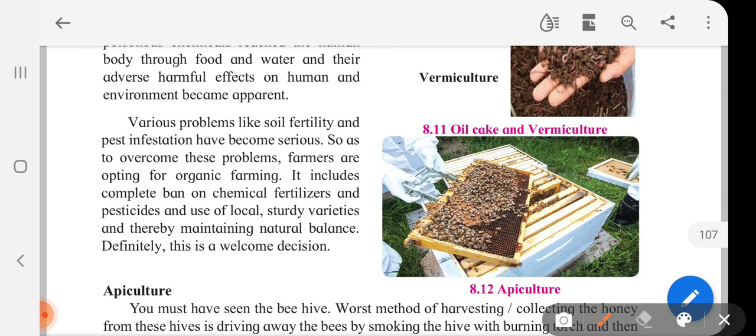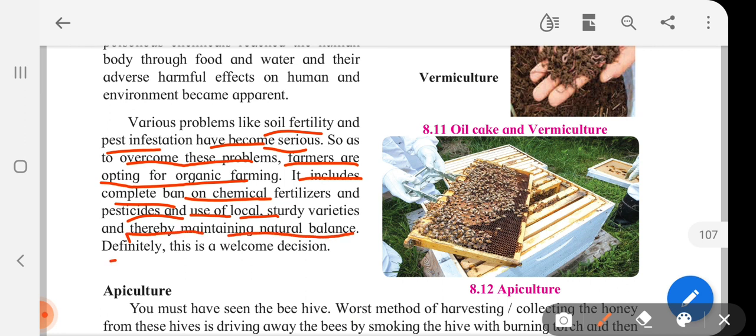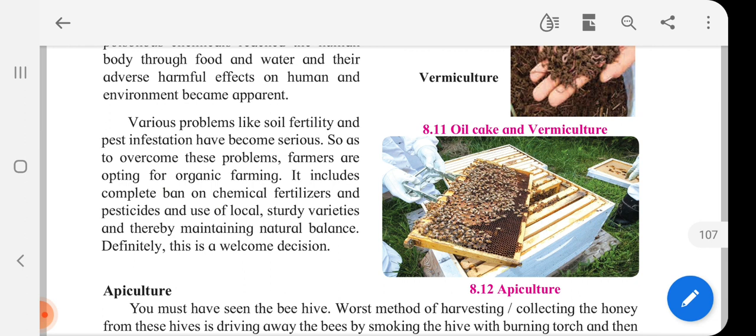Various problems like soil fertility and pest infestation have become serious. So, to overcome these problems, farmers are opting for organic farming. It includes a complete ban on chemical fertilizers and pesticides and use of local sturdy varieties, thereby maintaining natural balance. Definitely this is a welcome decision. So seeing all the problems of chemical fertilizers, organic farming is now in demand.